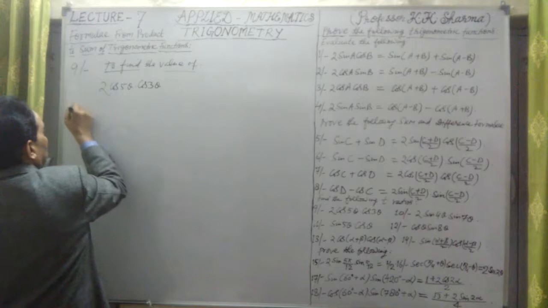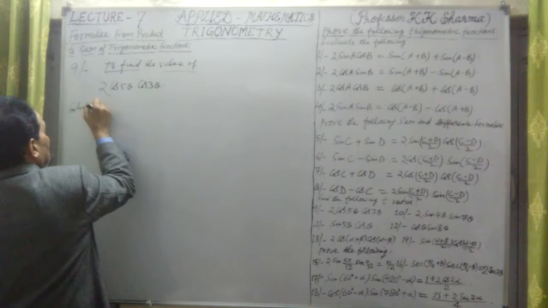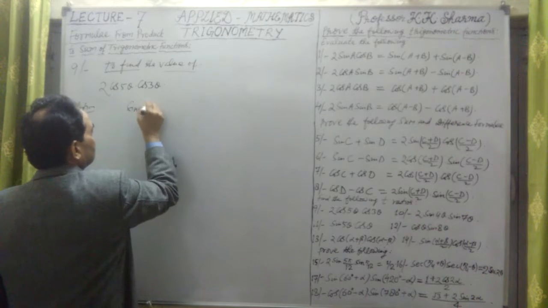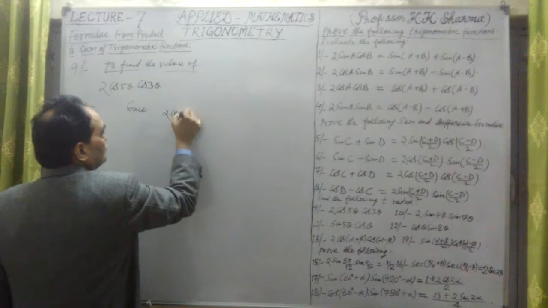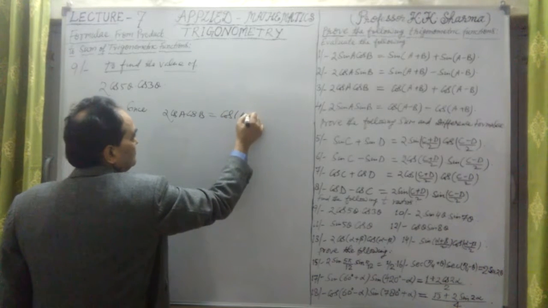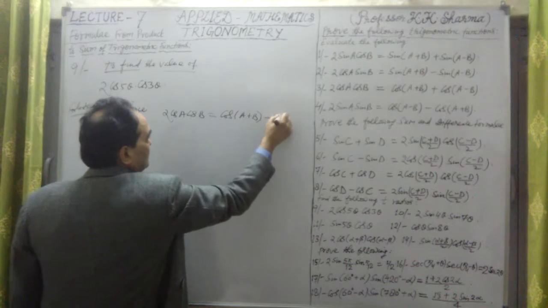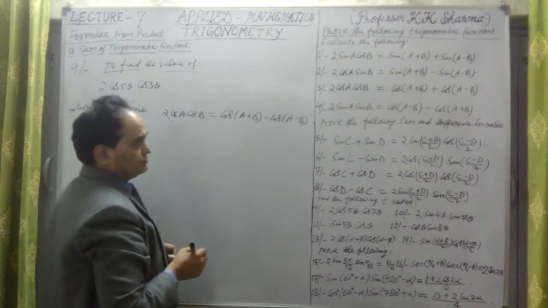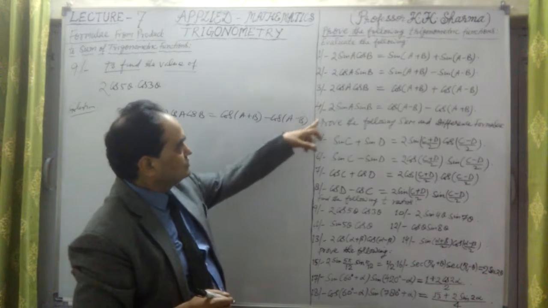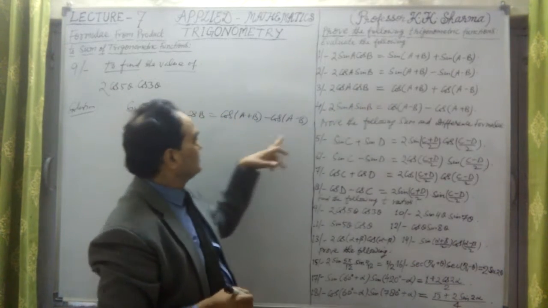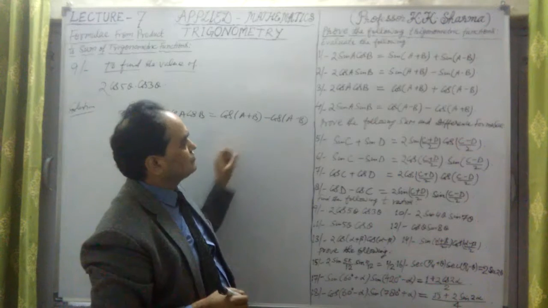So, solution. Since 2 cos A cos B is equal to cos (A plus B) plus cos (A minus B).